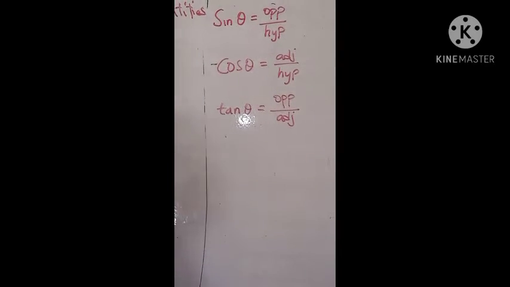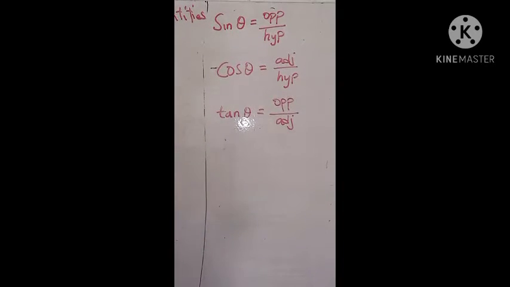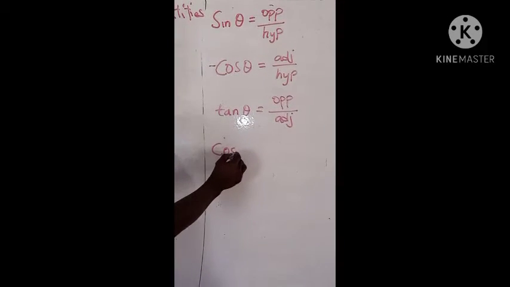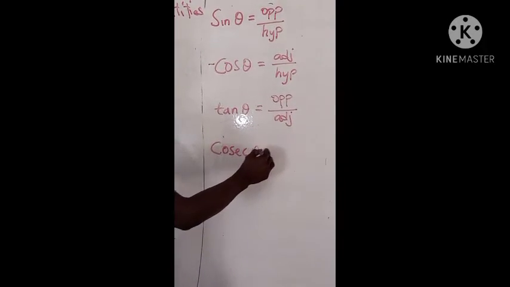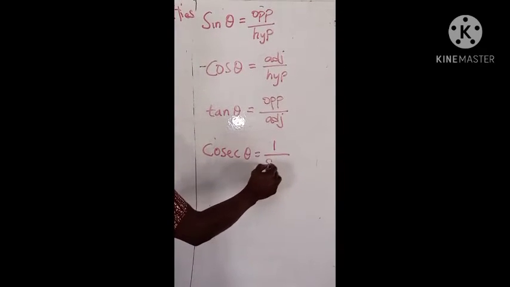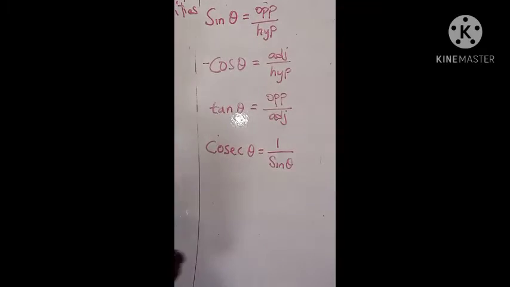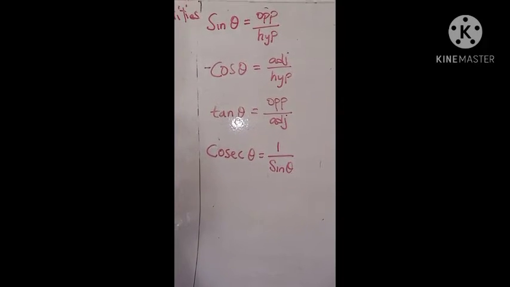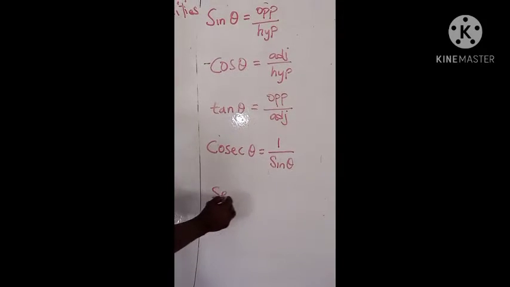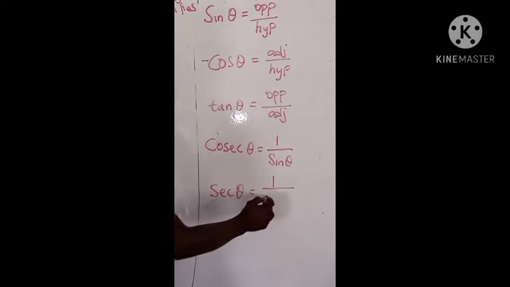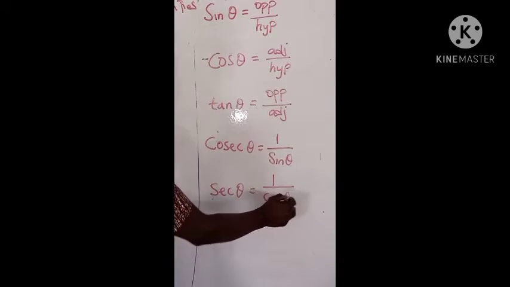It is also very important to have an idea of their inverses. The first inverse we need to consider is cosec theta. Cosec theta is the inverse of sine theta. Sec theta is the inverse of cosine theta.